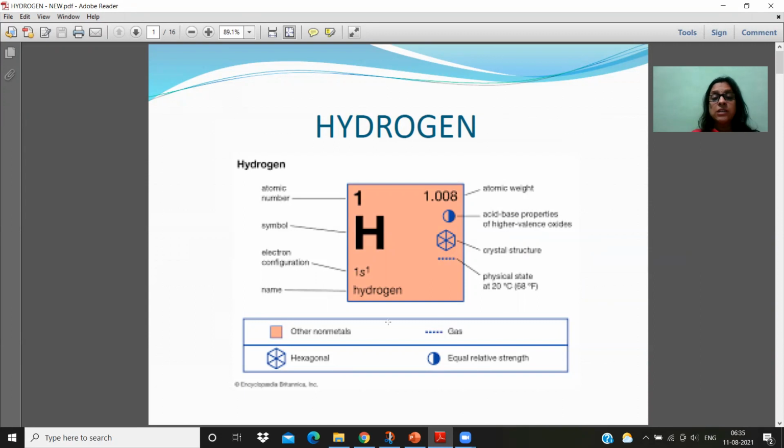Its crystal structure is hexagonal. Its physical state at 20 degrees Celsius is gaseous, and in nature it exists as H2, that is known as dihydrogen.